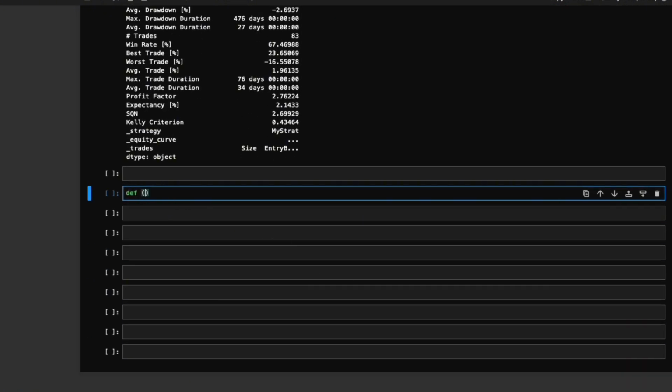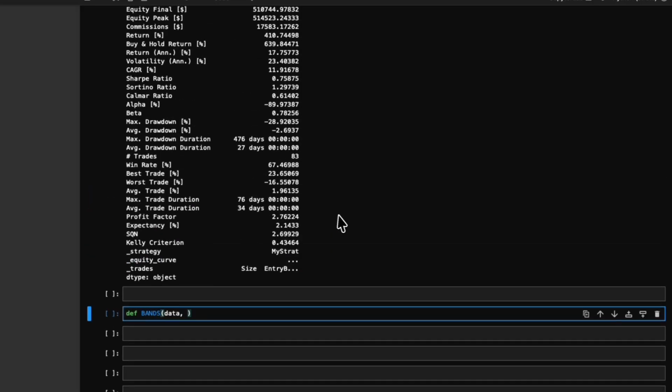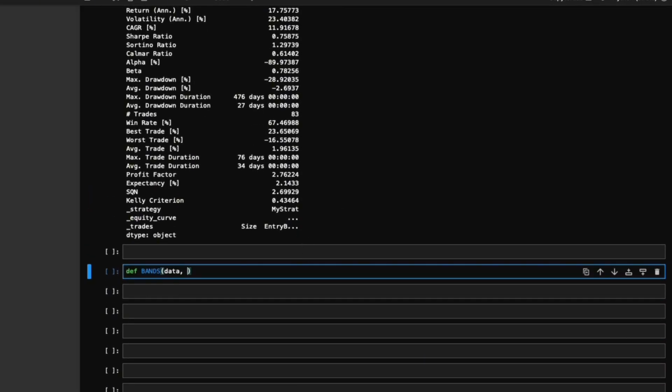So I'm going to create a new function called bands, for Bollinger Bands, taking some data. Normally you would tell it where to find the close price or the average of the high-low-close price, that kind of thing. But in our case, we're just going to take the value of the smooth momentum line, and it should have 3 numbers.